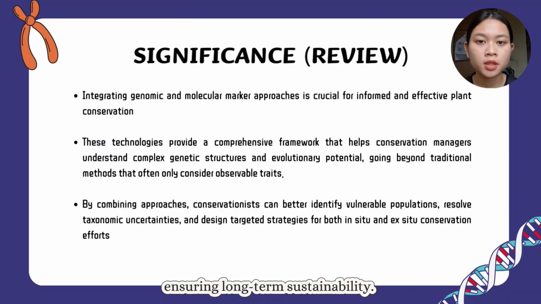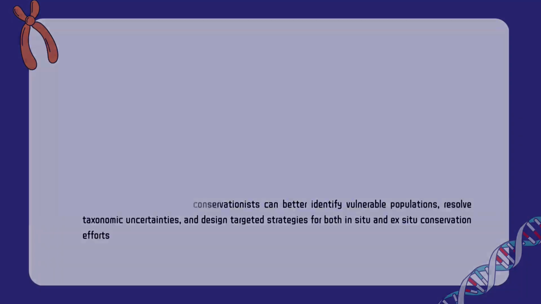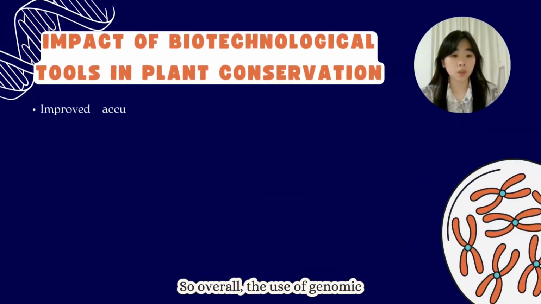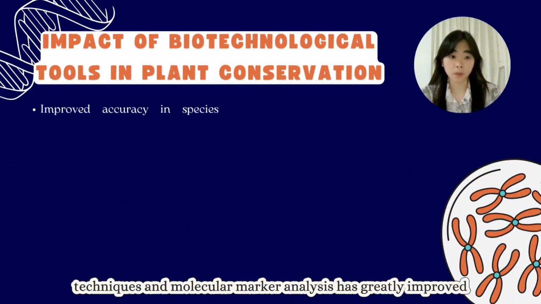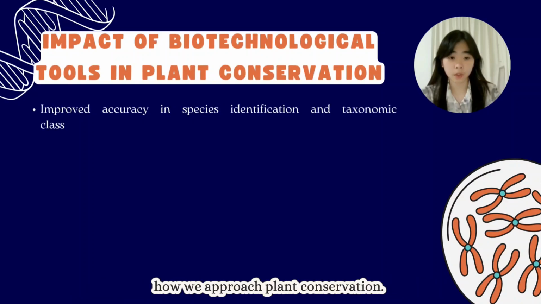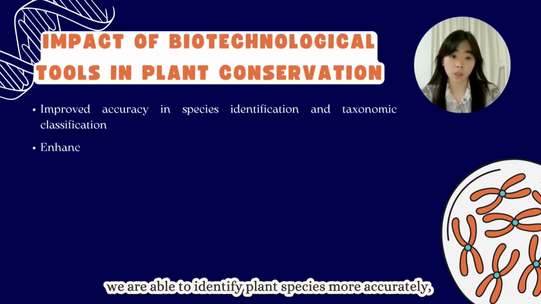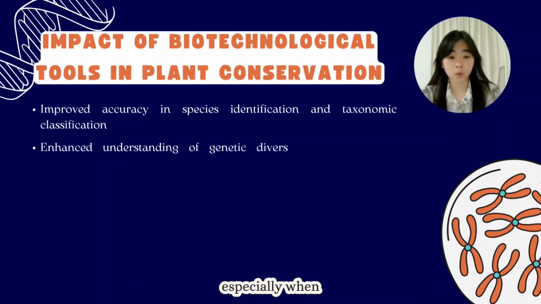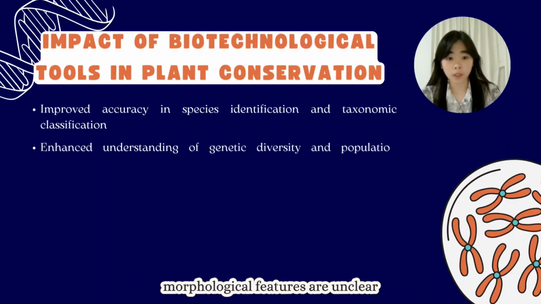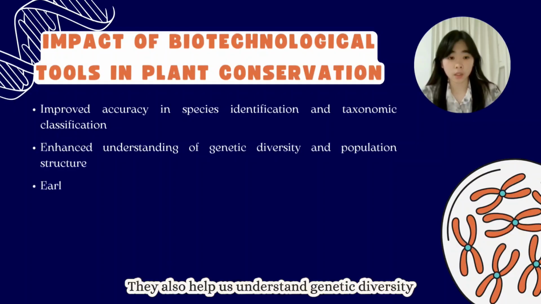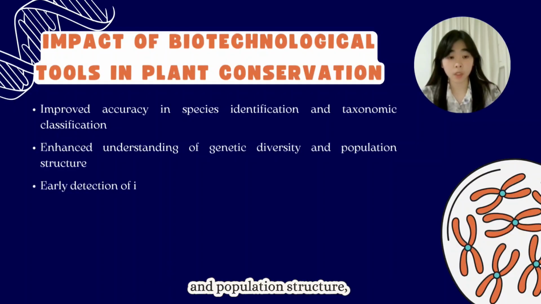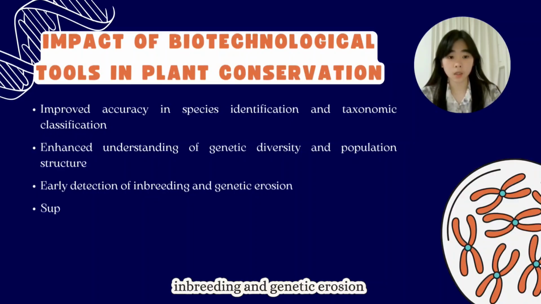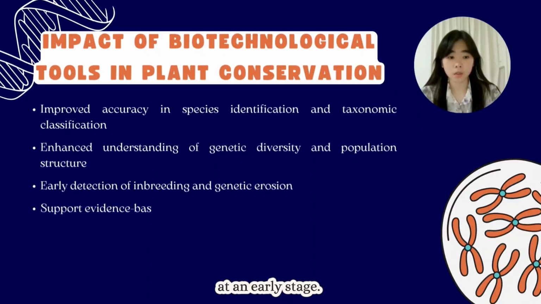So overall, the use of genomic techniques and molecular marker analysis has greatly improved how we approach plant conservation. With these tools, we are able to identify plant species more accurately, especially when morphological features are unclear. They also help us understand genetic diversity and population structure, which is important to detect inbreeding and genetic erosion at an early stage.